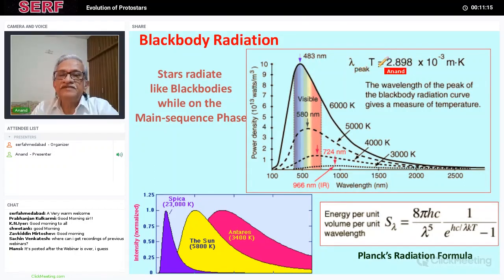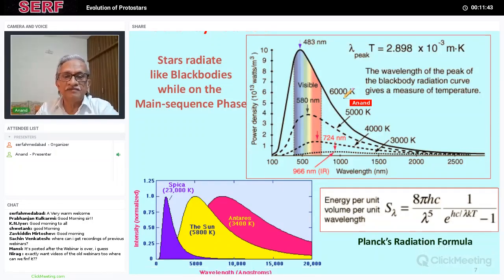Lambda peak times the temperature is 2.898 times 10 to the minus 3 meter Kelvin. That's the formula. So given a temperature of the star, you will know the peak wavelength. For instance, the sun occurs in the yellow region and so on. For these stars which are at very low temperatures, the peak occurs in the near infrared and far infrared and so on, millimeter and so on, for the protostellar objects.